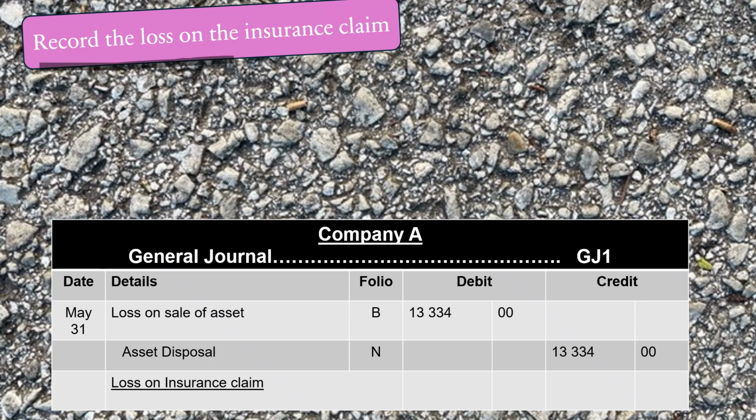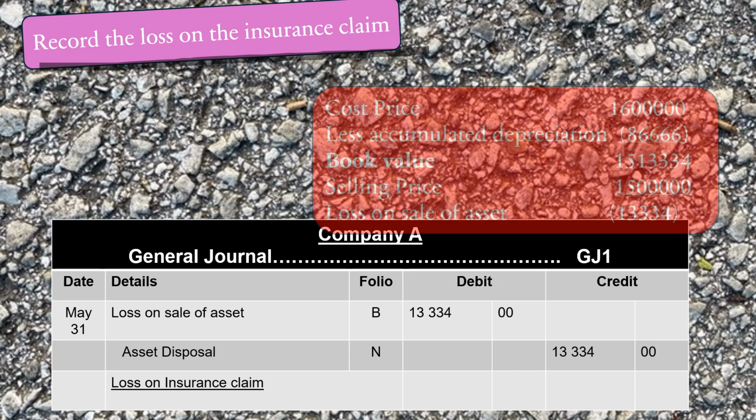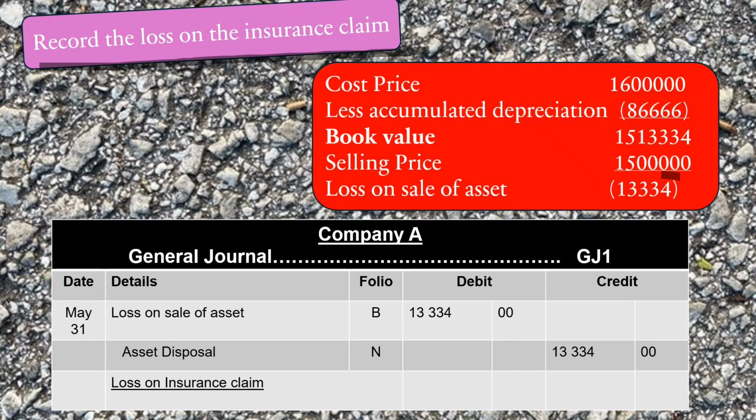Now record the loss. We've already calculated that we made a loss. We did that calculation and it was 13,334. I told you loss was an expense. Increase in expense, the rule says debit, 13,334. Remember, you're rounding off, the question said round off to the nearest rand.